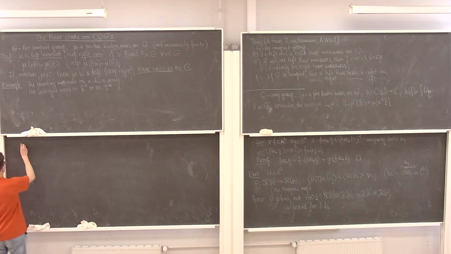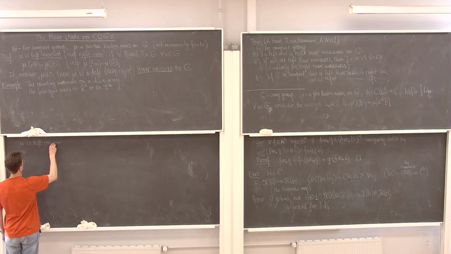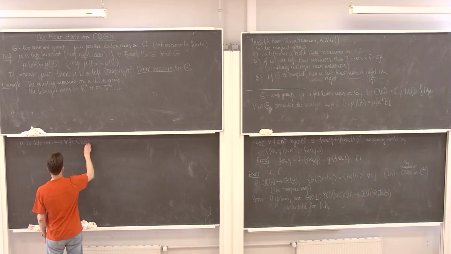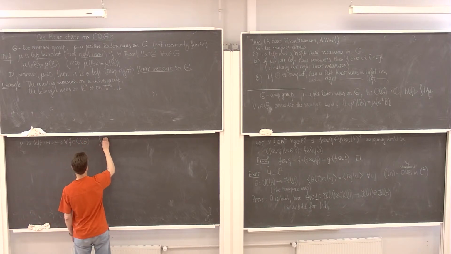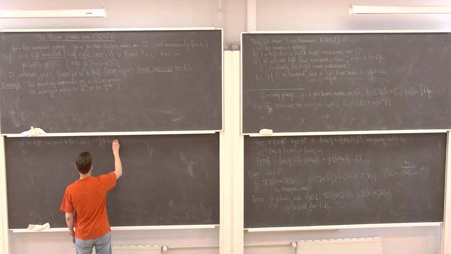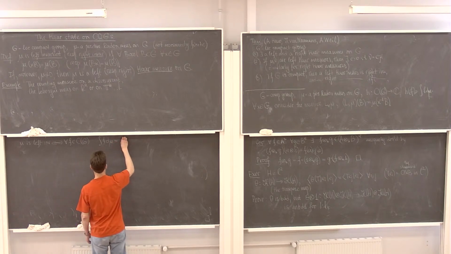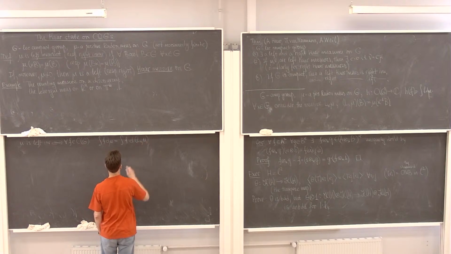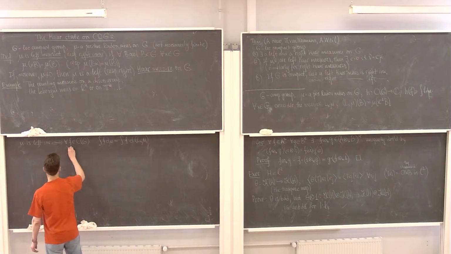So we conclude that mu is left invariant if and only if for every continuous function f on G, the integral of f with respect to mu equals the integral with respect to L_x mu for every x.